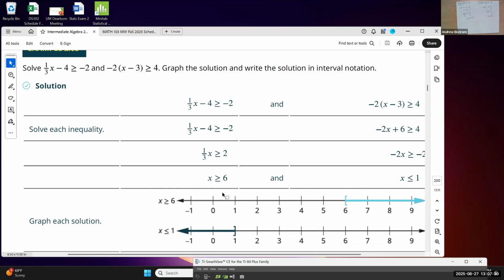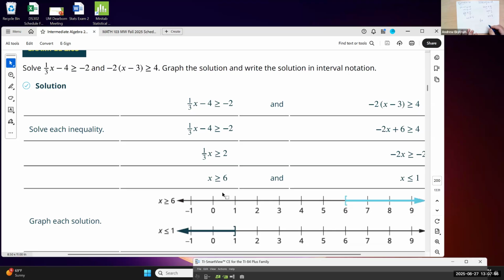Over here, what ends up going on at the end, because you got the 1/3 out in front, you multiply everything by 3. Or you can start off and multiply everything there by 3 and get the same answer and not have to deal with fractions. So let's take a look at that one real quick.